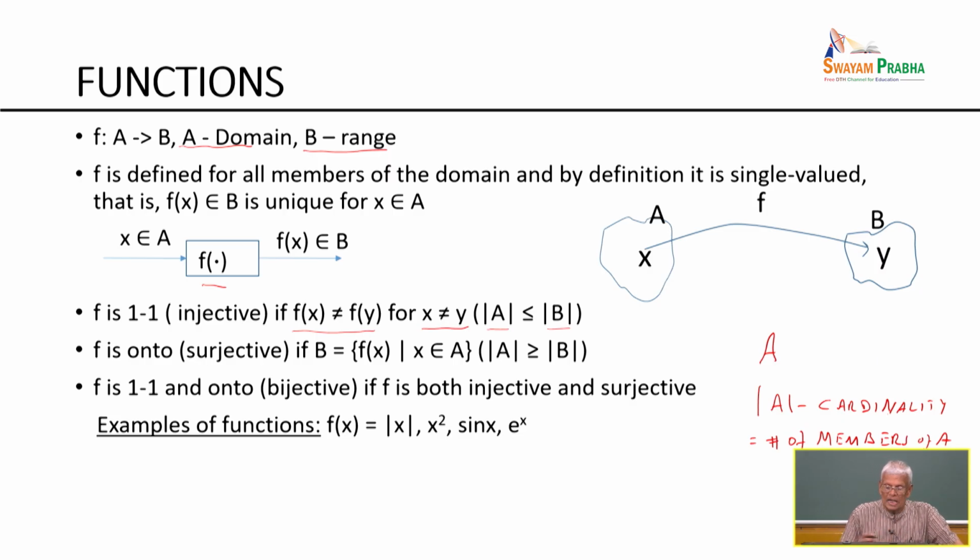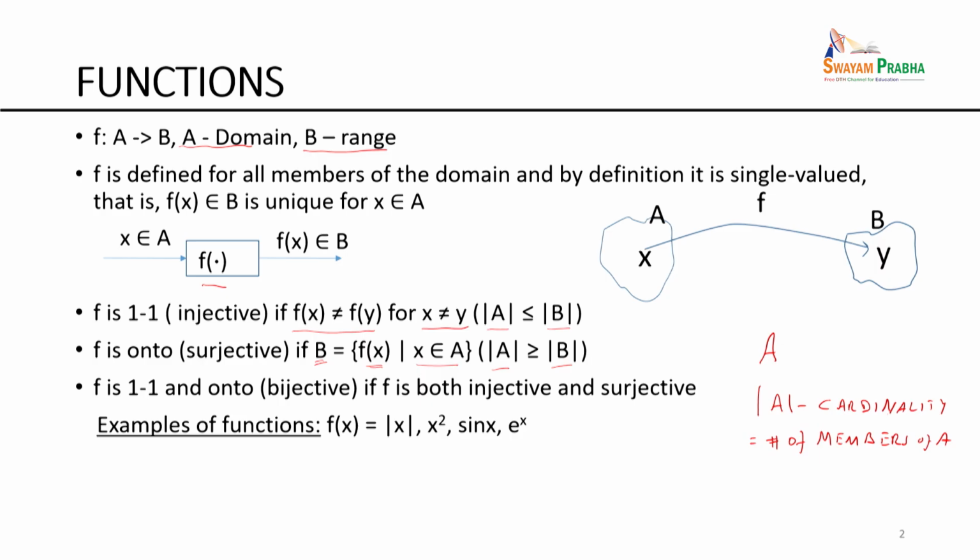Means what? The entire set B can be covered by picking different points in A. So it is the set of all f of x such that x belongs to A. That means A can have more points than B, so the cardinality of A is greater than or equal to the cardinality of B.